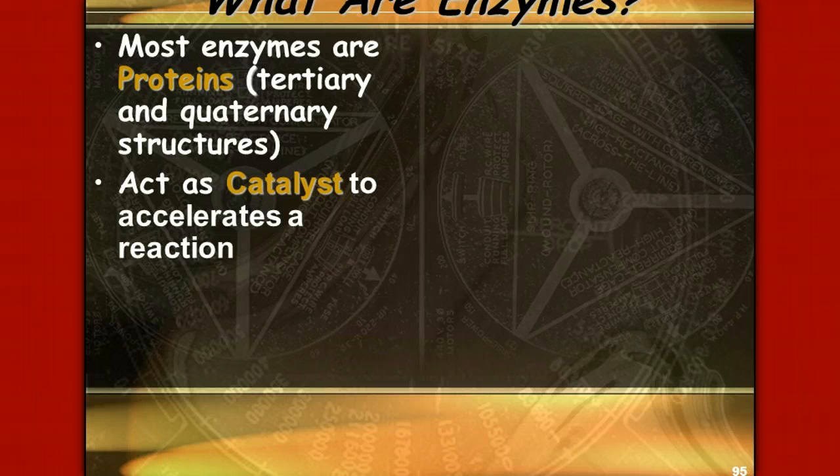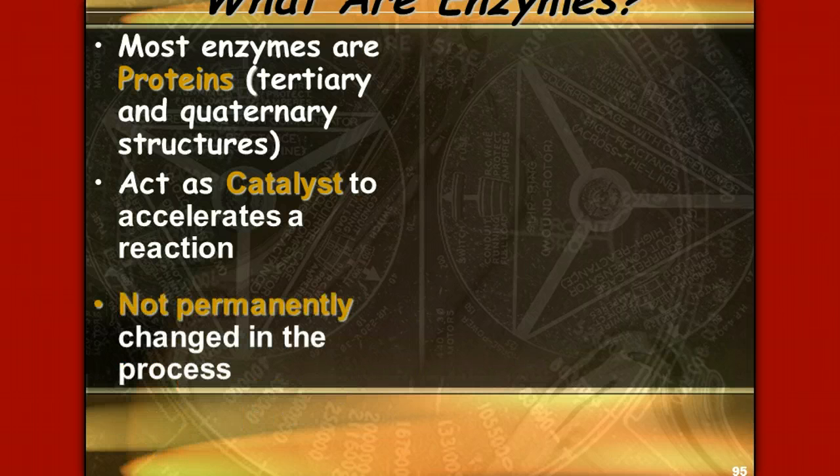Now, they act as what is called a catalyst to accelerate a reaction. A catalyst is the scientific term for a compound that actually speeds up whether compounds form or whether compounds are broken up.